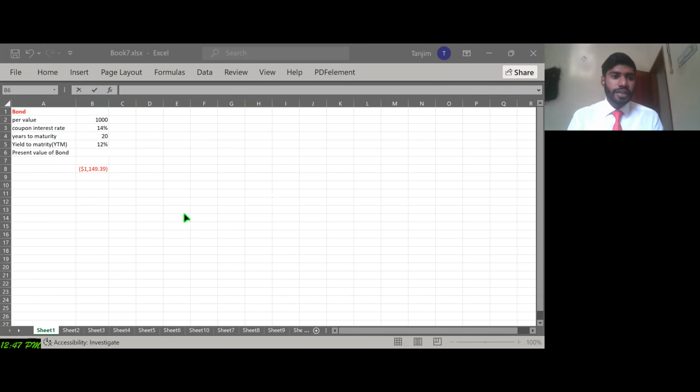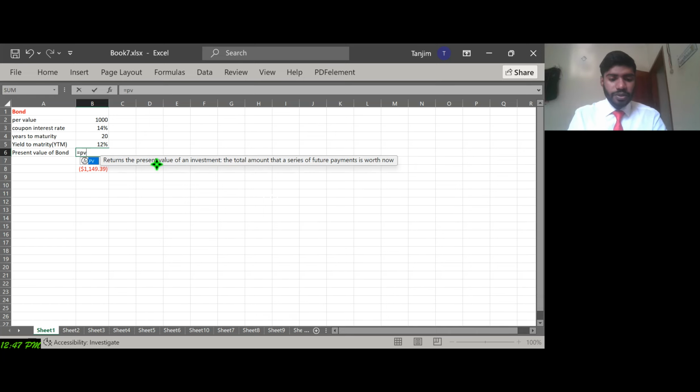Now we calculate the present value of this bond. Here we have the present value, coupon interest rate, years to maturity, and yield to maturity. How do we calculate the present value of this bond? Firstly, we press equal and PV and the first bracket and the rate. Here the rate is the yield to maturity, so press B5 and comma and then NPER. Here the NPER is B4, so press B4, comma and then payment.